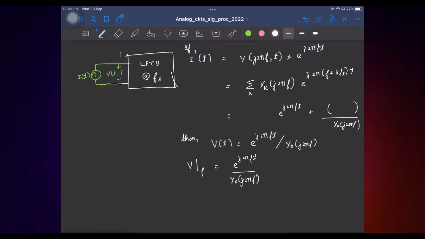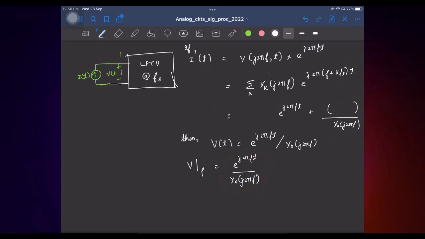Now the point to note is, only if I apply a current which has all these frequency components, f plus k fs, everything, only then will my voltage be exactly this. And this should not be uncommon, because we have frequency translations in the LPTV network, and all of these frequency components alias back so that we get only e power j 2 pi f t.